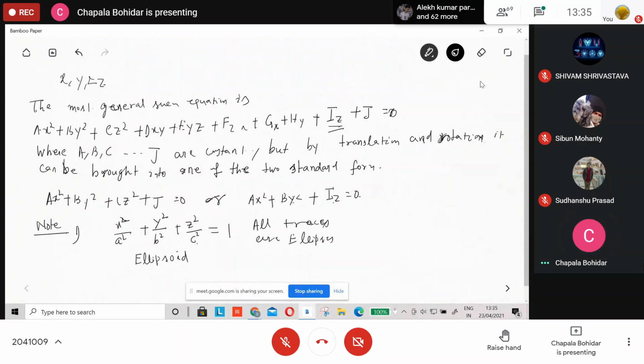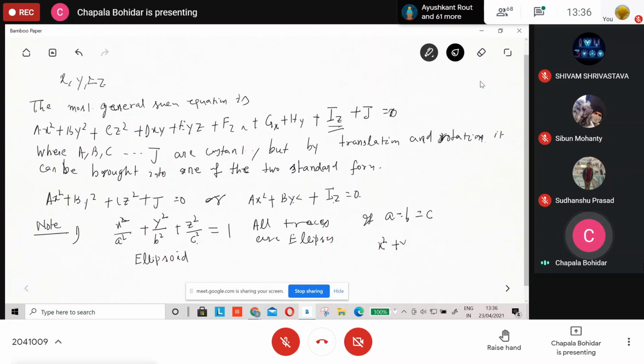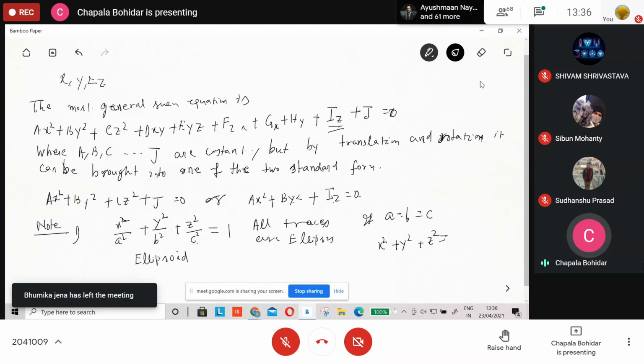If A is equal to B is equal to C, then the ellipsoid is: what do you get? We get x square plus y square plus z square is equal to, what do you get?